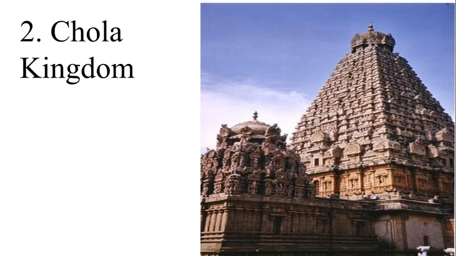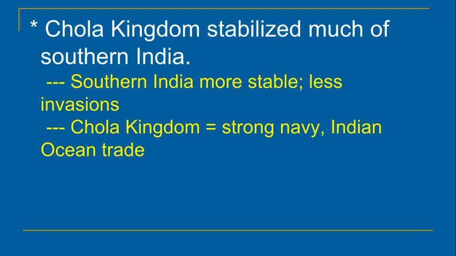Now, in southern India, we have a somewhat more stabilized political situation. They had different kingdoms that brought stability. One of them is called the Chola Kingdom. It stabilized southern India and allowed for more stability.